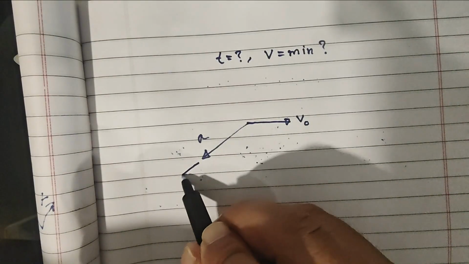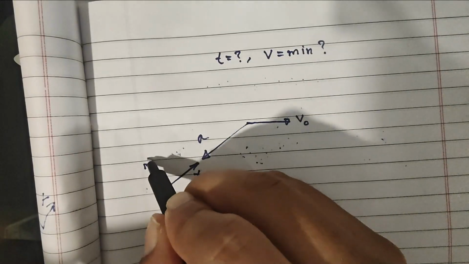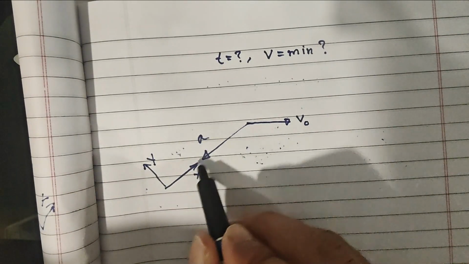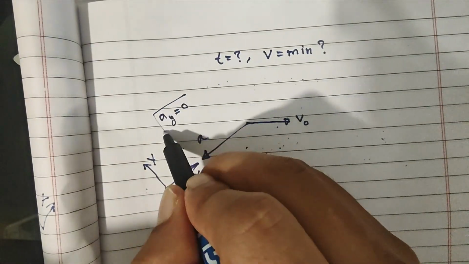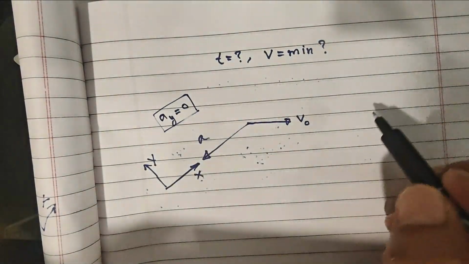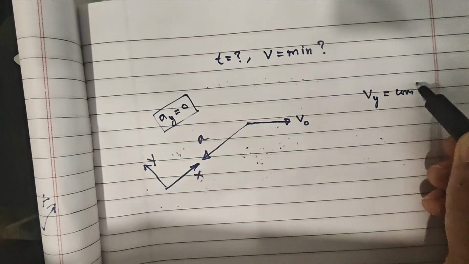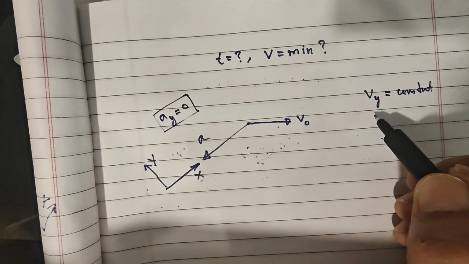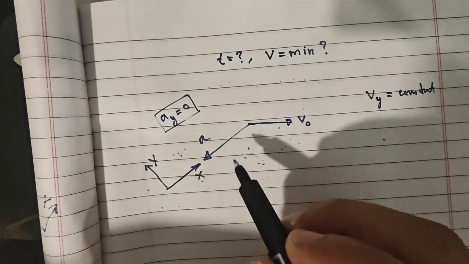So if I treat this line as the x-axis and this as the y-axis, then since acceleration is constant along the x-axis, it means along the y-axis acceleration must be 0. Therefore, velocity along the y-axis must remain constant. What about velocity along the x-axis? That will change. Now the question is whether it will increase or decrease.